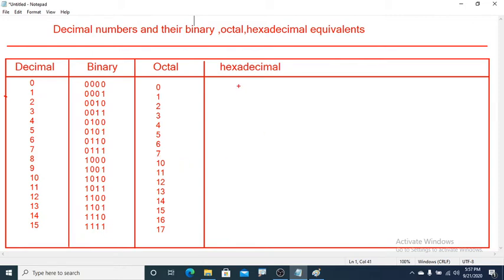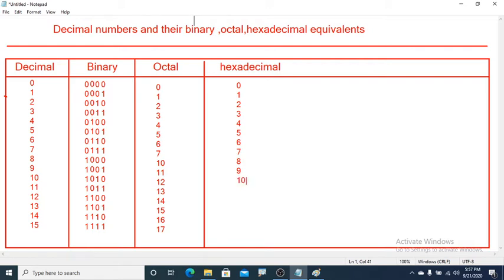Now we are moving into the hexadecimal number. Up to F we can write. 0 1 2 3 4 5 6 7 8 9.